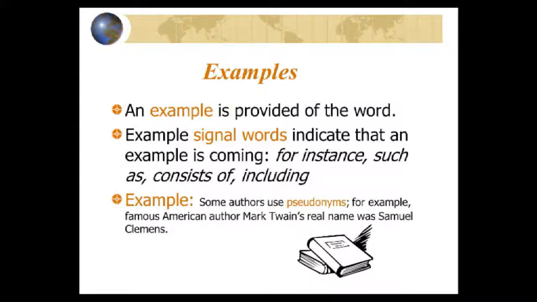For example, famous American author Mark Twain's real name was Samuel Clemens. So they gave us an example of someone who used a pseudonym, and now you just have to determine what that example is showing us. The example is showing us that a pseudonym is a pen name, or a different name from their real name.